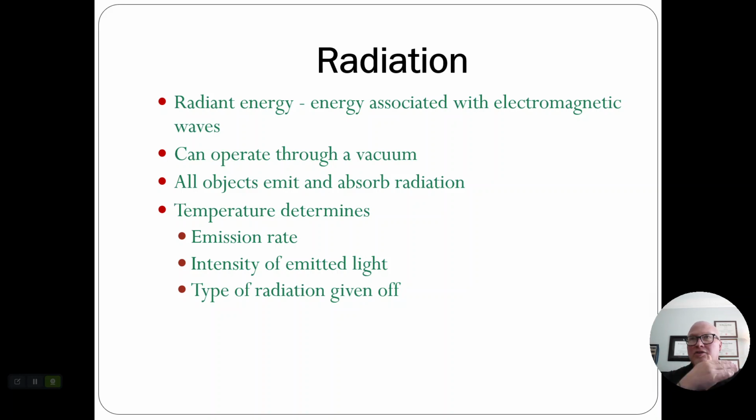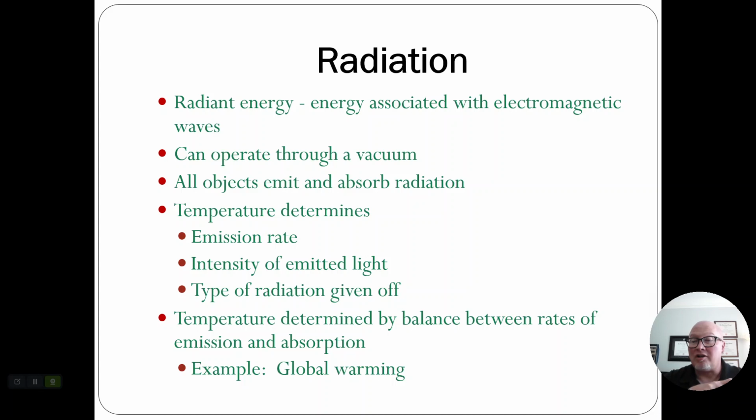Those two things are closely related, so we can measure how hot something is by looking at the wavelength of light that it gives off. This is how we can determine how hot certain stars are, by measuring the wavelength of the light being given off by the star. We can determine how hot or how cold that star is.